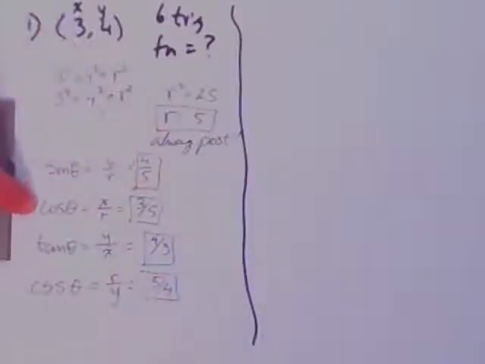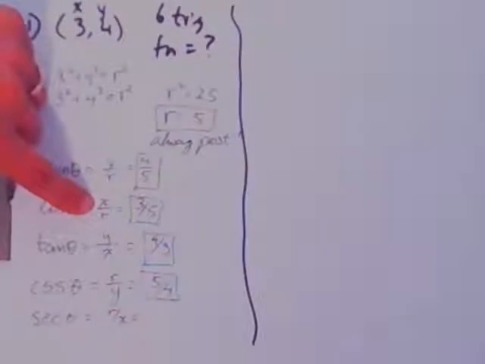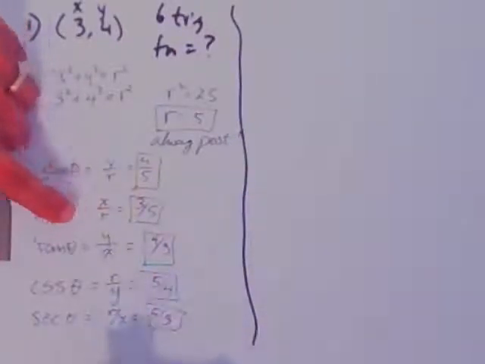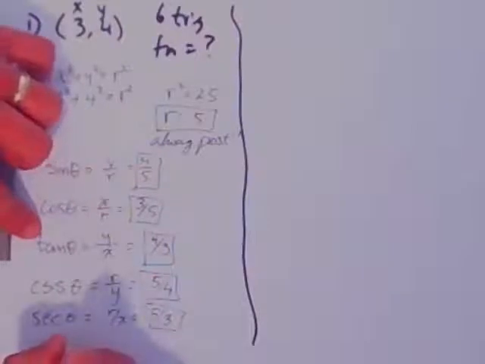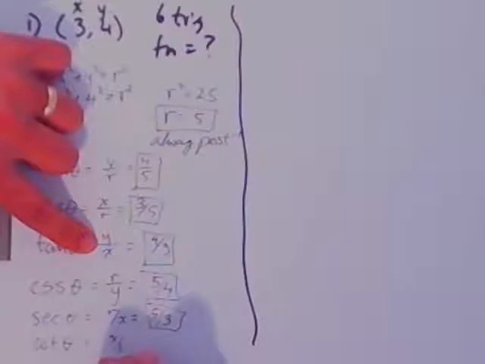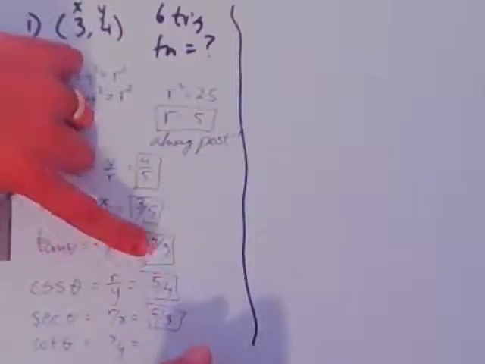I want the reciprocal for the cosine, which is the secant of the angle, is going to be r over x, because it's the flip of that, 5 over 3. And the reciprocal of the tangent of the angle would be the cotangent of that angle, x over y, and x over y is going to be 3 over 4.